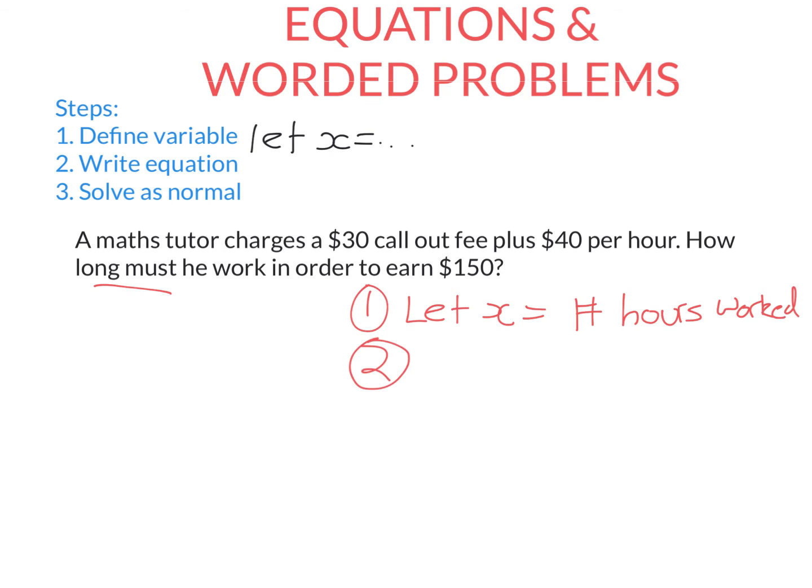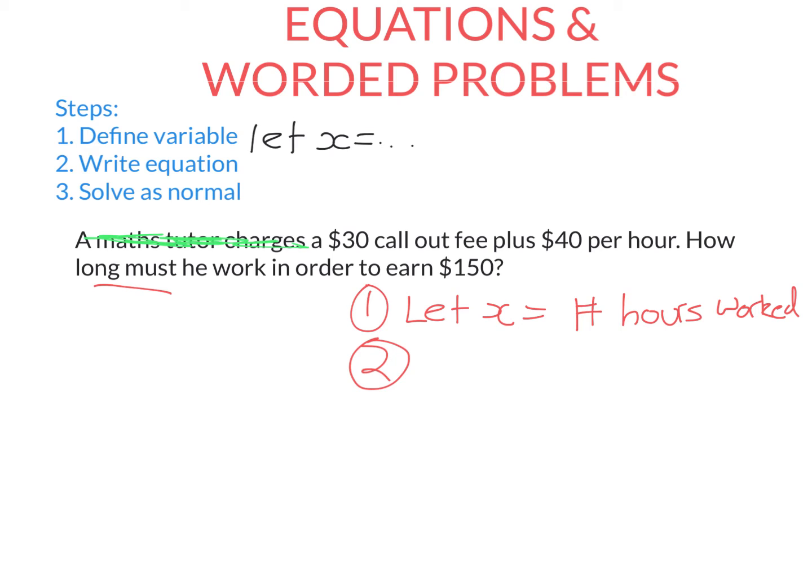Step two, I need to turn this worded information into an equation. So that means we're going to rewrite all of this information using only mathematical symbols and numbers, because some of this information isn't required. For example, you can probably tell it doesn't matter whether this dude's a maths tutor or an electrician or whatever. It doesn't matter if it's about money.